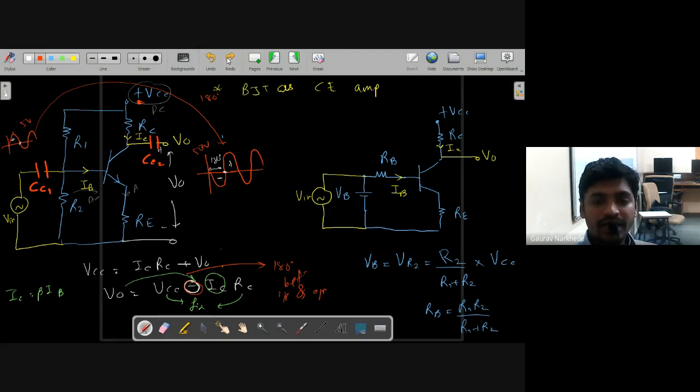Okay. And then the next thing is this current on which our AC signal is also superimposed, that is the current IB. The current going inside the transistor is AC plus DC current, and IE is nothing but IC plus IB.